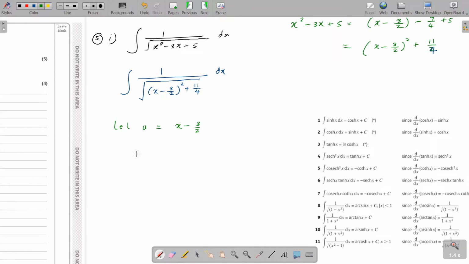So du by dx equals 1, which means du equals dx. Do you agree with that? So this becomes integration of 1 over root u square plus 11 over 4, and dx becomes du. Are you with me?